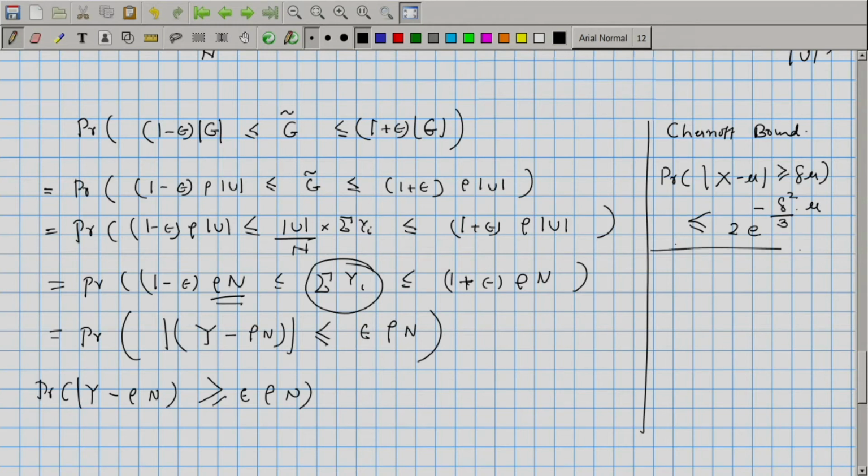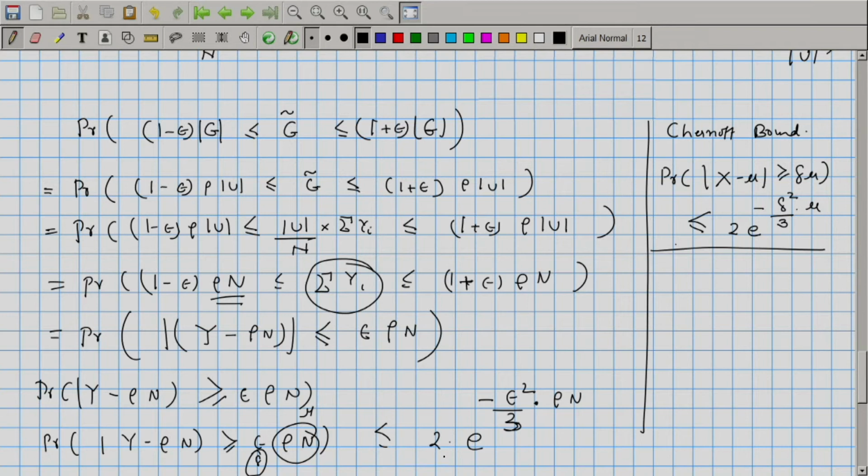This is the form of Chernoff bound that we can just straight away use here, and that will give us the probability that y minus rho n is greater than epsilon times rho times n. So, this is mu and this is going to be your delta. So, this is going to be less than 2 into e raised to minus epsilon square by 3 into your mu, which is rho n. That is what we obtain.